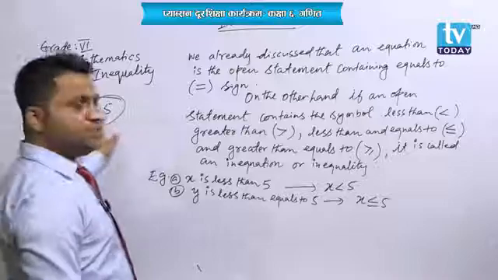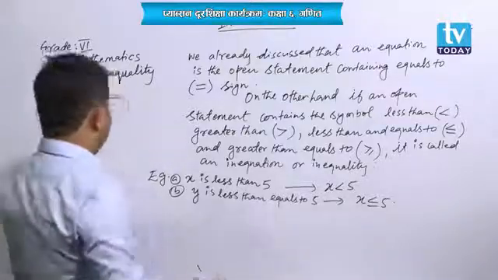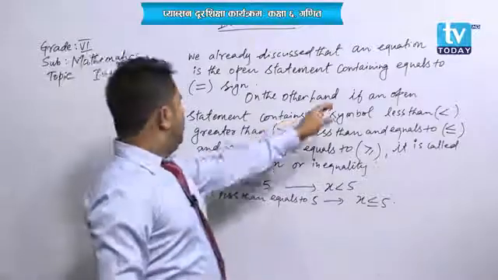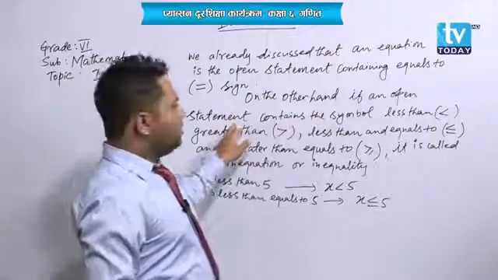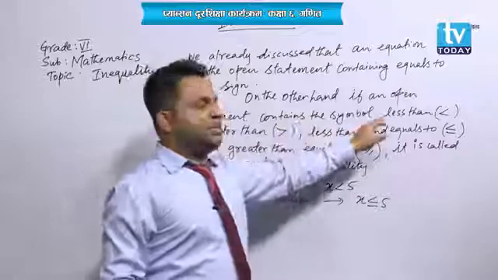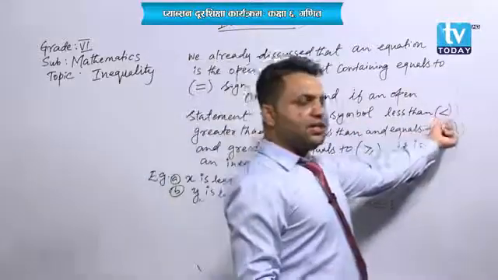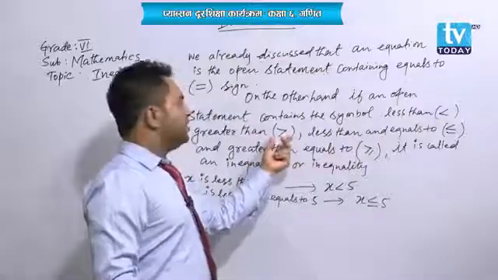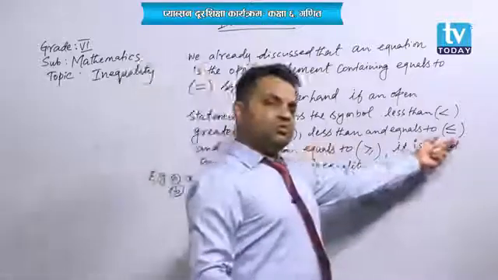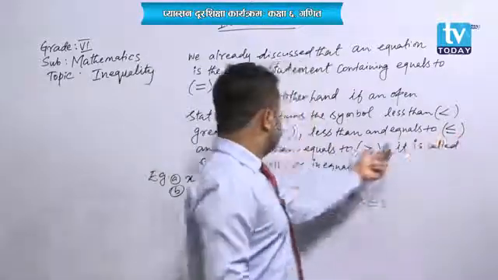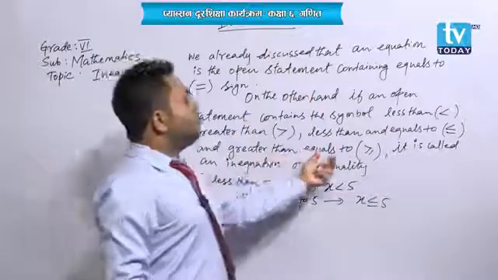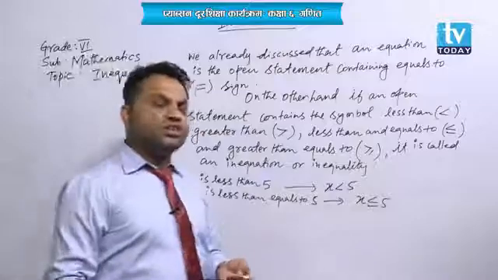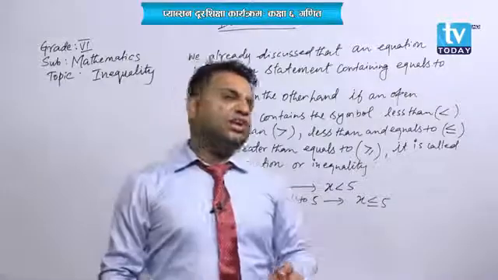On the other hand, if a statement contains a symbol like less than, greater than, less than or equal to, or greater than or equal to, then it is called an inequation, or simply you can say inequality.